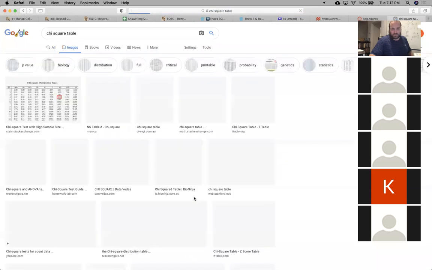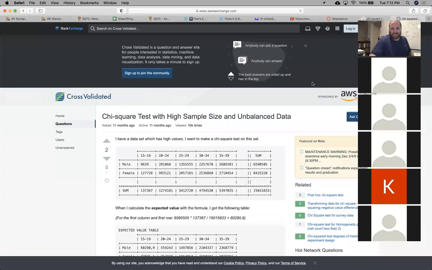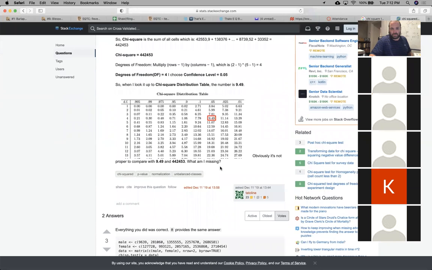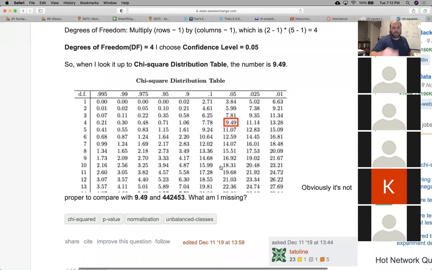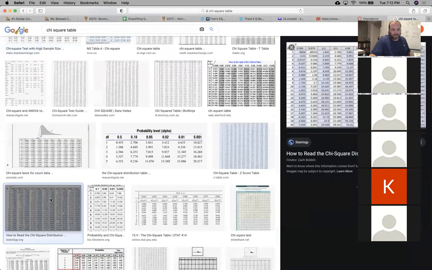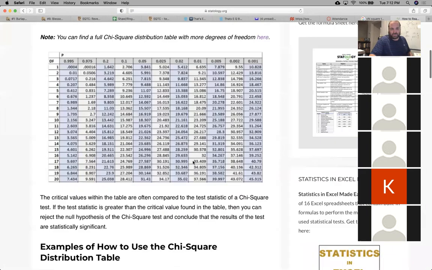So let's see if this one's good. Okay, so here is my chi-square. Here's a little chi-square table, but that's not what I want. I want something a little more expansive. Okay, so here's a chi-square table.